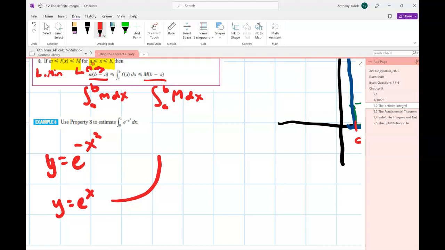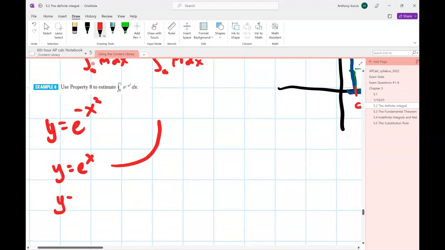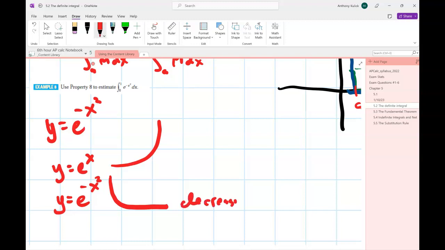That's increasing everywhere. What does the graph of e to the negative x look like? What's the graph of e to the negative x squared going to look like? Same thing. The point here is this is decreasing everywhere.